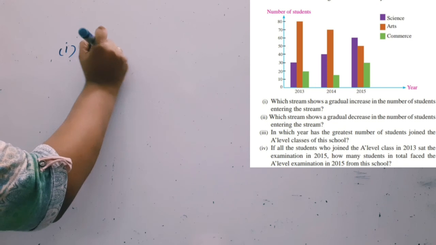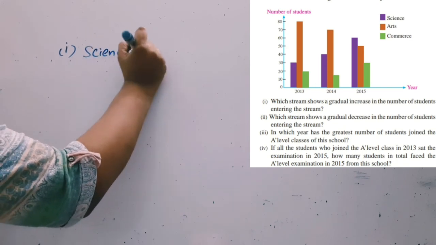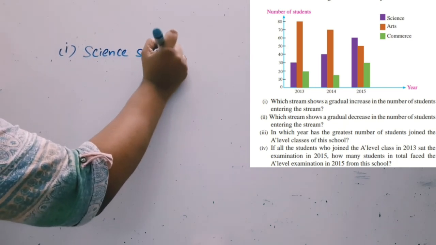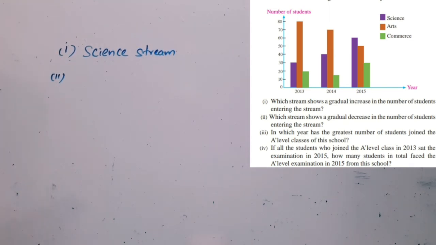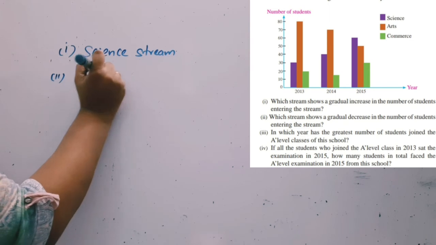So the answer for the first one is the science stream. Do you understand? Now the second question, which stream shows a gradual decrease in the number of students? Decreasing means the height of the bars should decrease. Am I right? So here the brown color bars are decreasing in their height, which is the art stream.